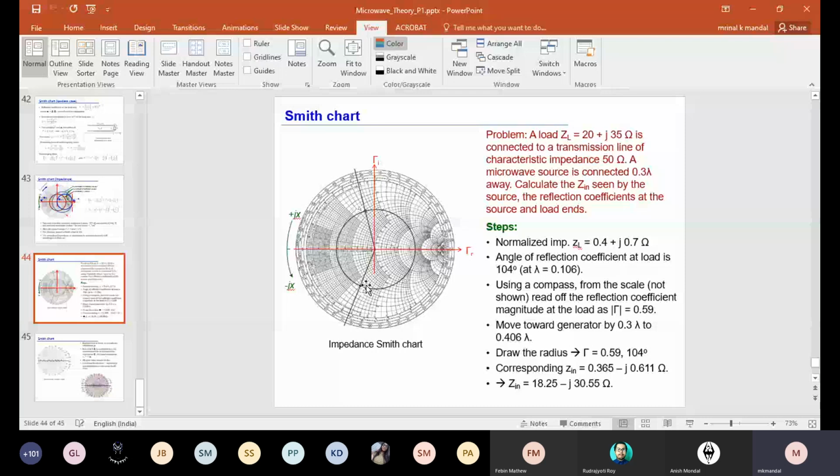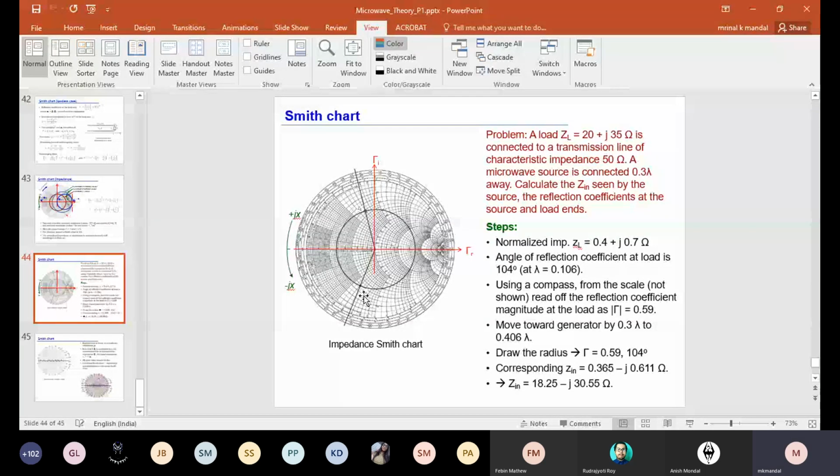So we follow this circle and move by 0.3 lambda. Then we have the corresponding value, and you read out the resistance and reactance at this point. It comes to 0.365 and the reactance minus j0.6. So it becomes capacitive now; previously it was inductive.